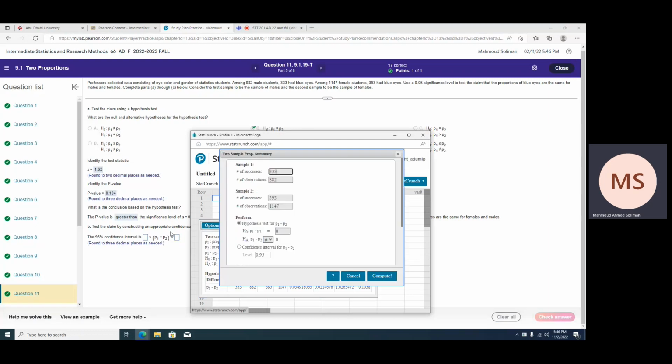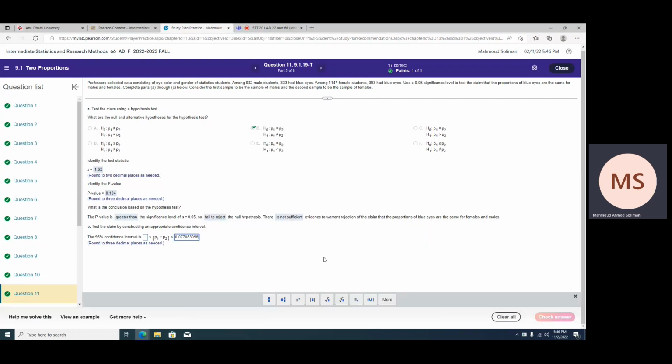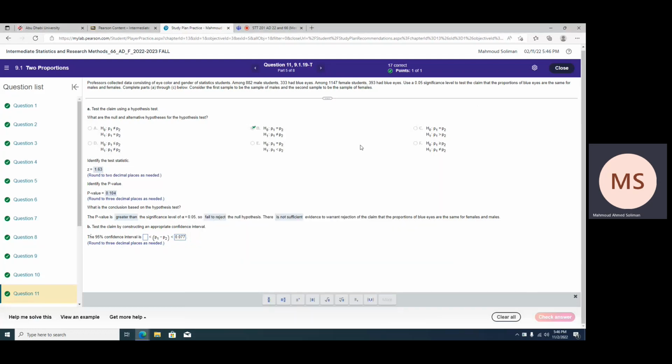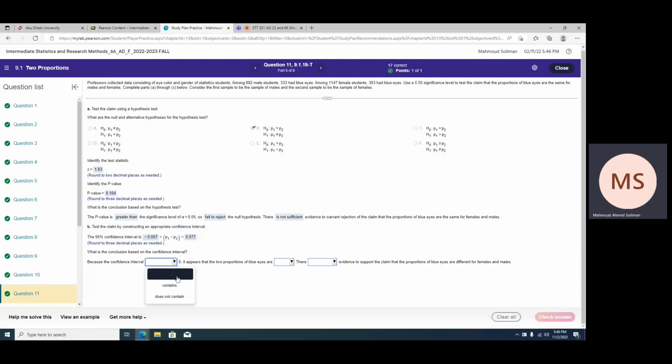Okay, now they gave us the level, so go here, 95%, same. Copy this one, 1 minus alpha. No, we don't have to calculate it. They gave it to us. So now 3 decimals. This is correct. So it includes 0.